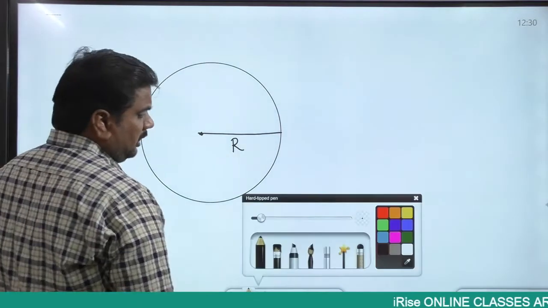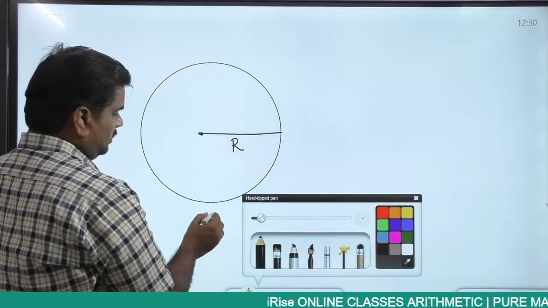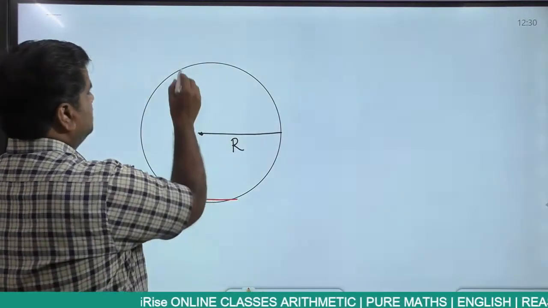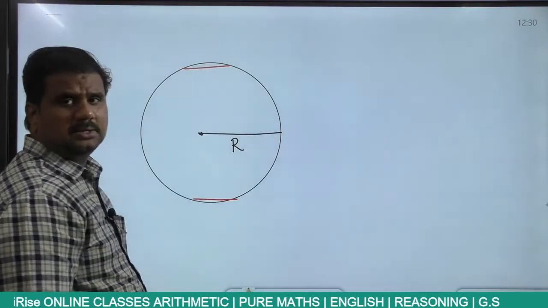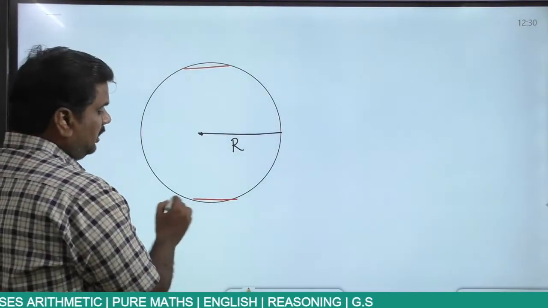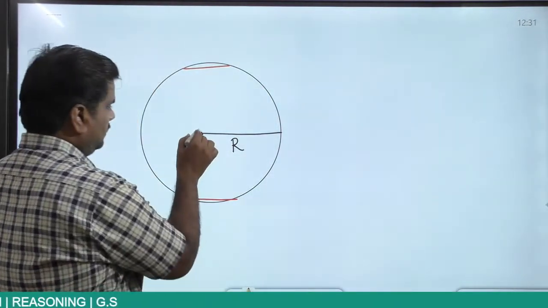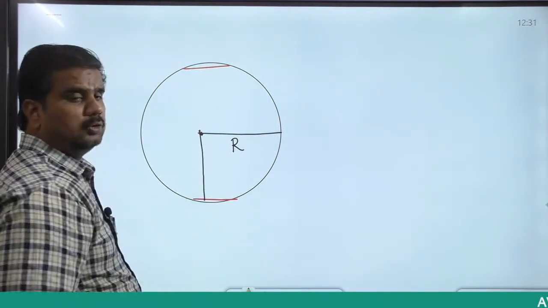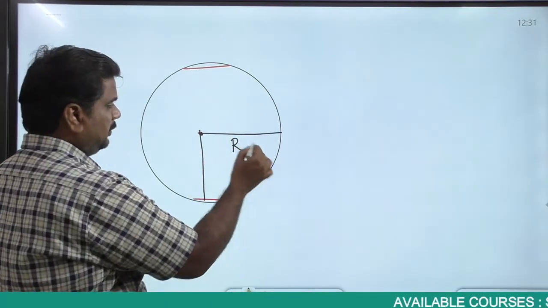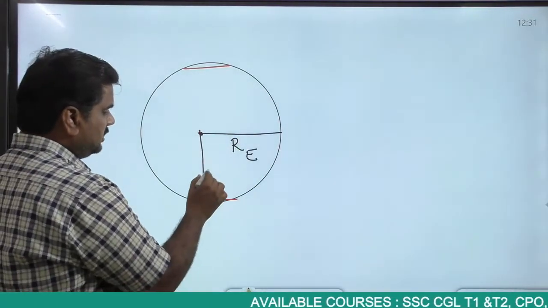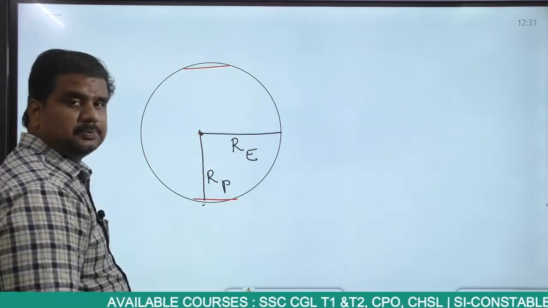Now we know that in the case of Earth, near the poles, the value is less, since it is compressed a bit. So here the radius is something like this. This is the radius along the poles, and this is the radius along the equator.